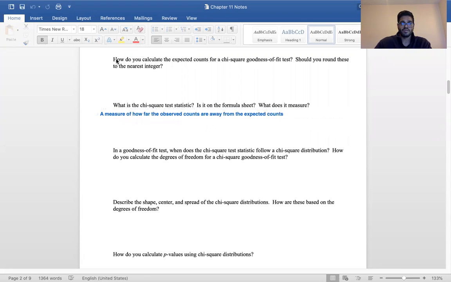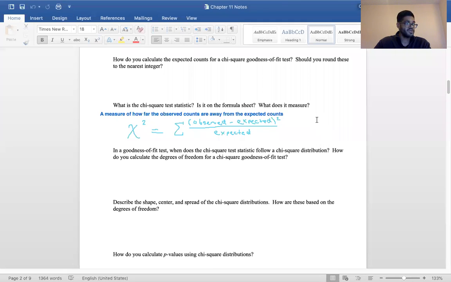The chi-square equation is X² equals the sum of observed minus expected, squared, all over expected.